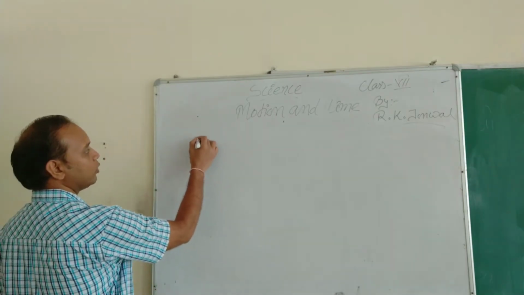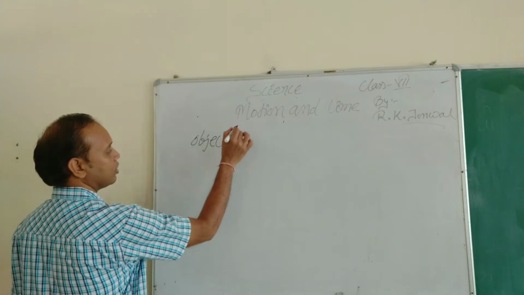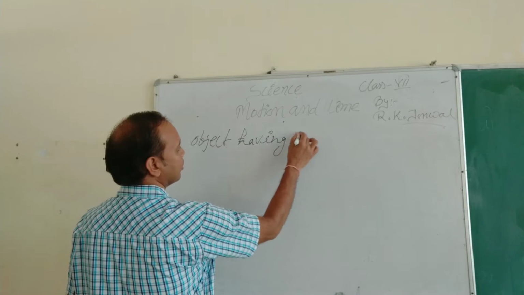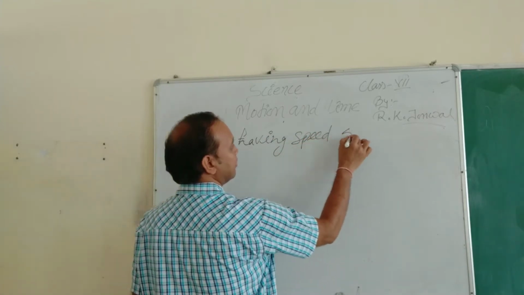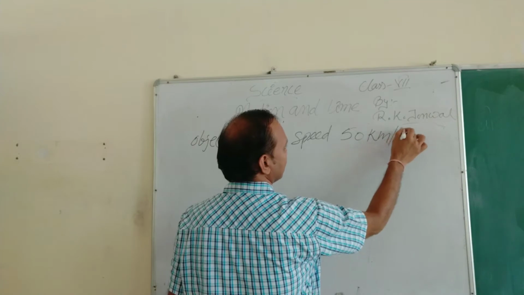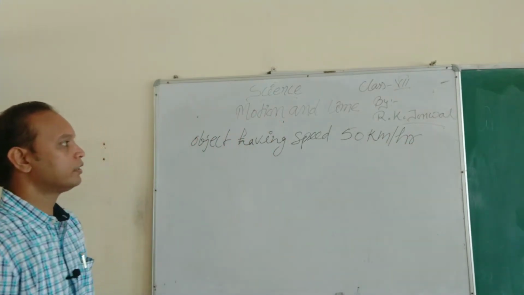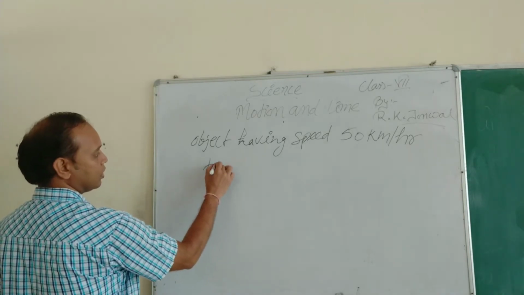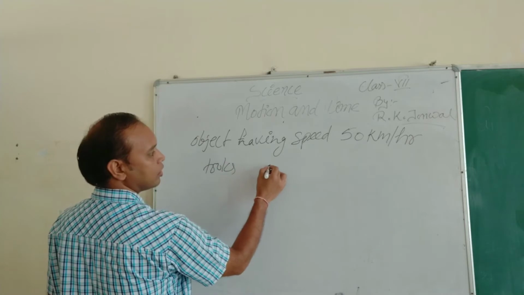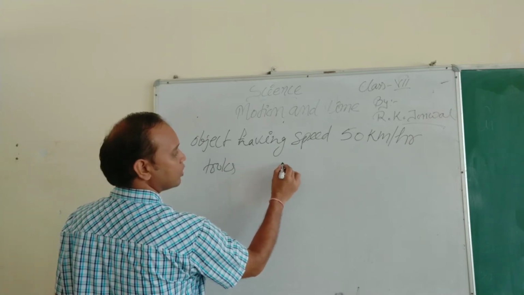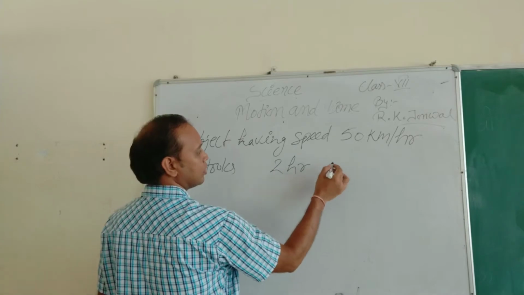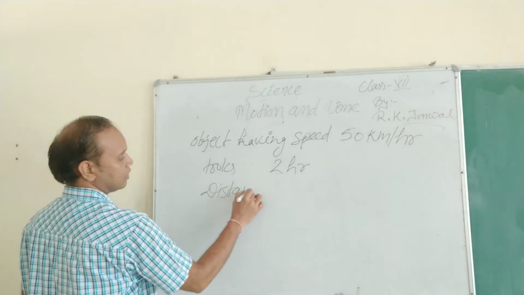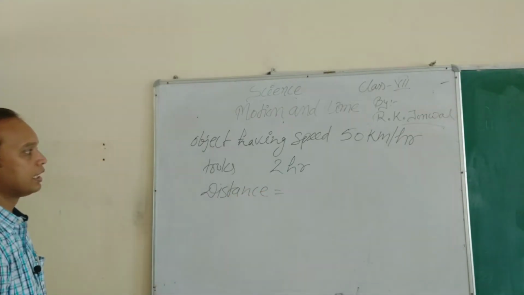If an object having speed 50 km/h, okay, and it took 2 hours, then what will be the distance covered by the object? Then we can calculate the distance.